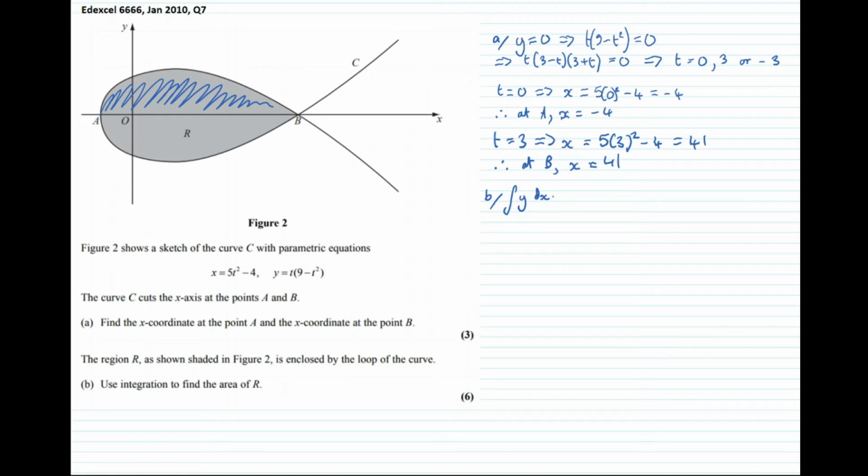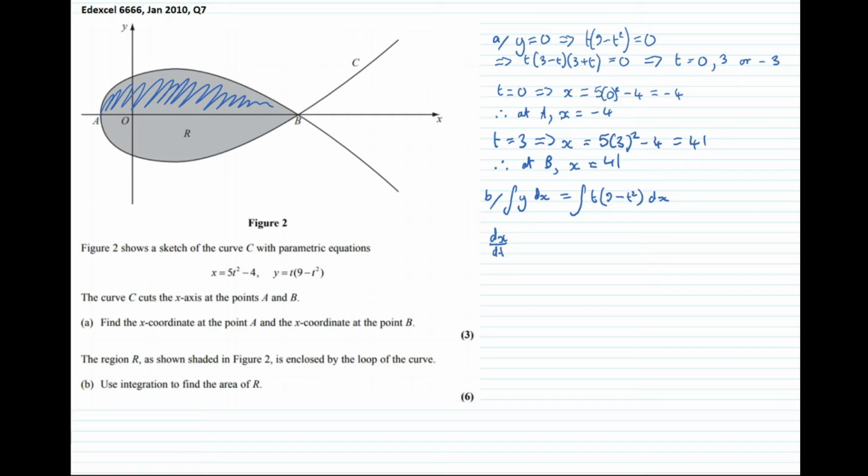The integral of y dx is equal to the integral of, well, we know y is equal to t(9 minus t squared) dx, but now we need to integrate with respect to t. We've got t's in the expression, so we need to somehow turn that dx into dt.